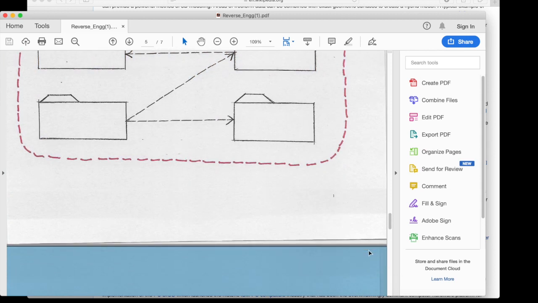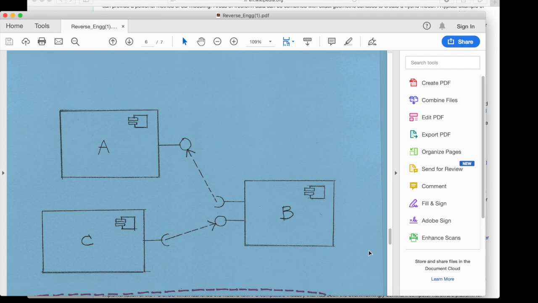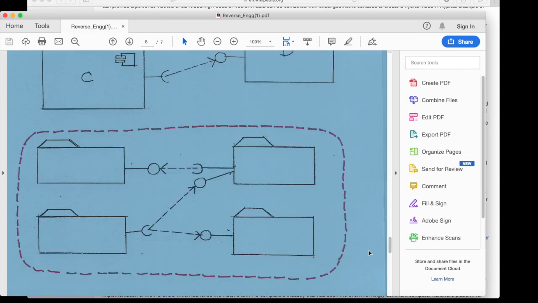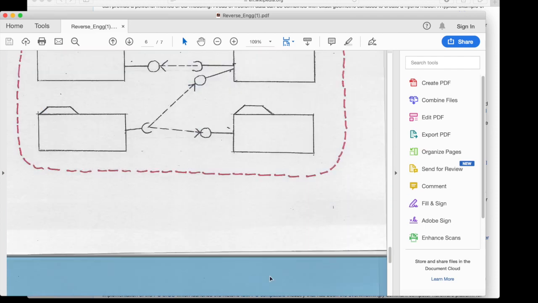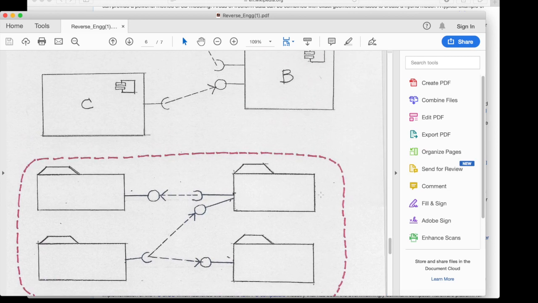All right. And that completes the ball and socket of the bottom boundary.